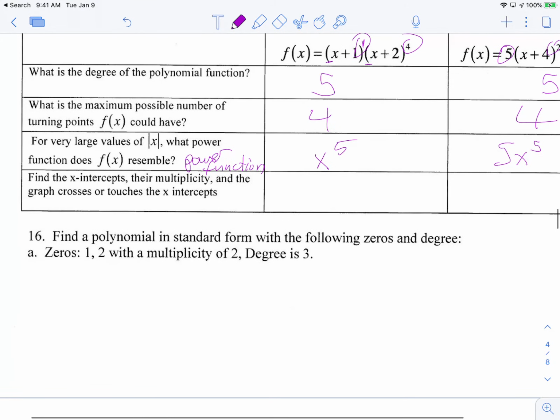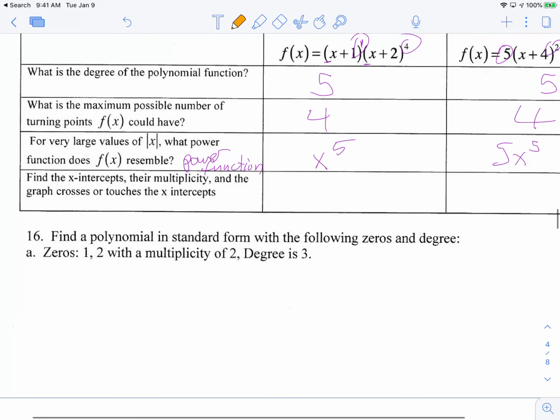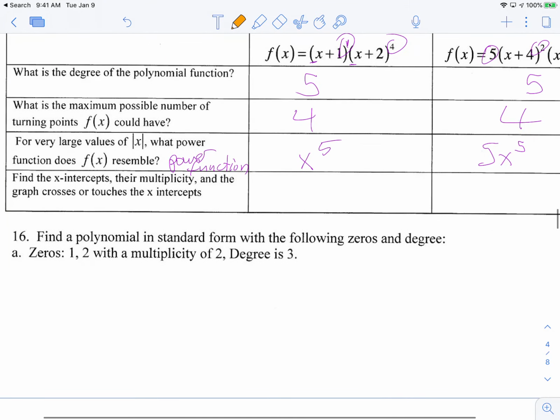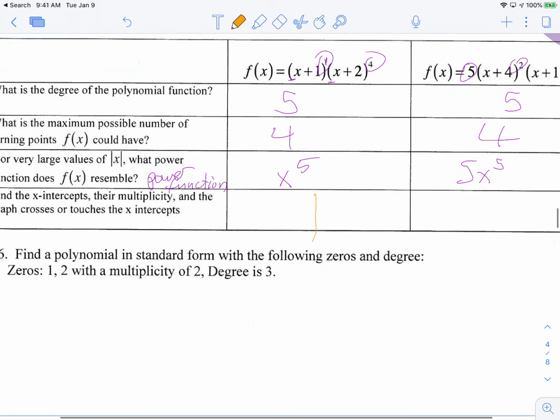And lastly, find the x-intercepts, their multiplicity, and whether the graph crosses or touches the x-axis at each x-intercept. So we have 2 here. So this would be x equals -1, and it has odd multiplicity. And this would be x equals -2, and it has even multiplicity.